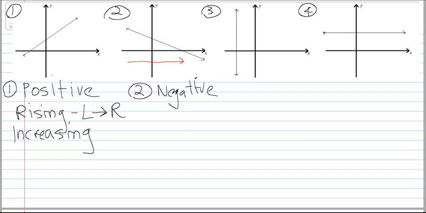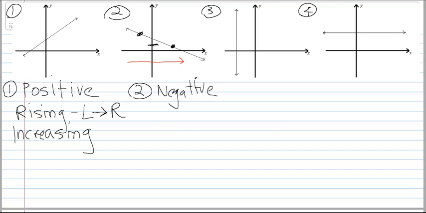So if I were just to pick two points at random along this line, I would see that the value of the y is falling over time. Starts up here. Again, I'm looking at the y value. Starts up here at this point. Ends up down here at this point. So it's falling.